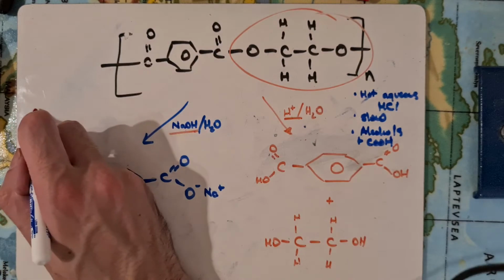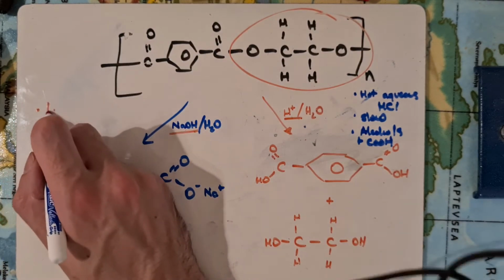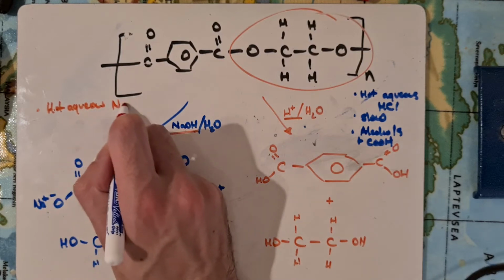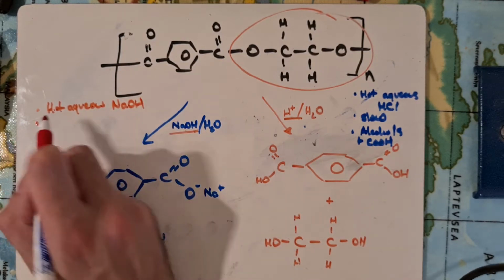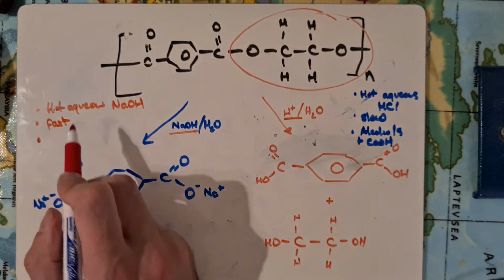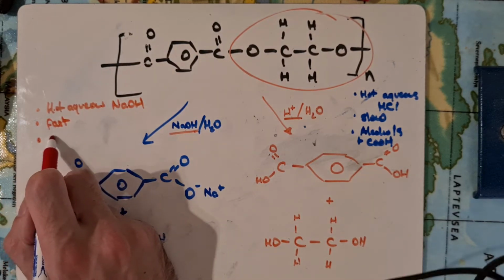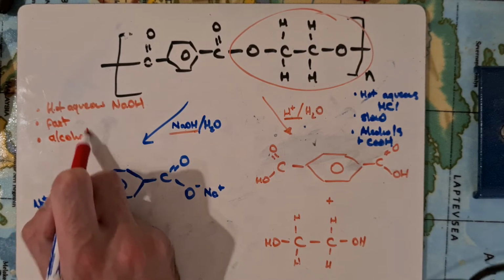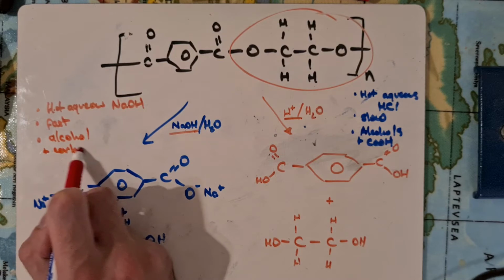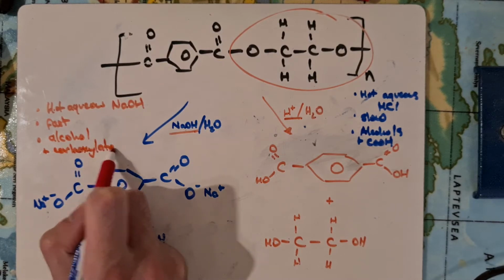Over here on this side, it's with hot, aqueous NaOH. It's fast, and we get alcohol again, but we also this time get the carboxylate salt, not the carboxylic acid back.